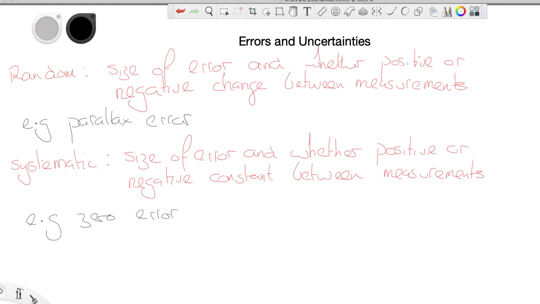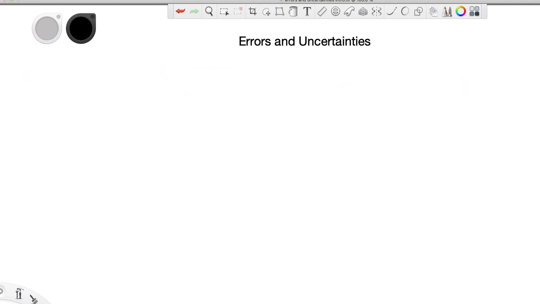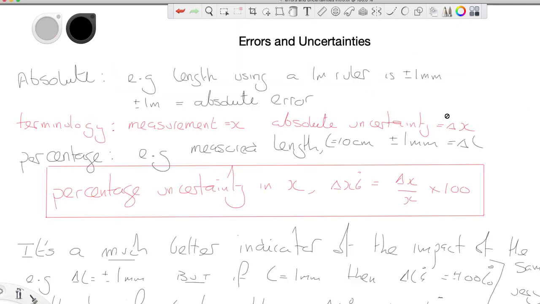And how we treat those then is different. So, absolute and percentage uncertainties or errors. So an absolute uncertainty, for example, in length, a 1 meter ruler marked in millimeters, you will have plus or minus 1 millimeter in your values. You can read to half a scale division.